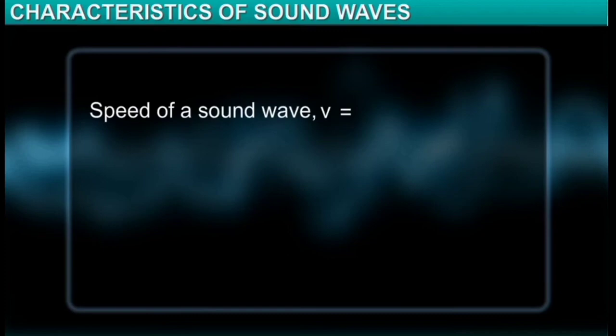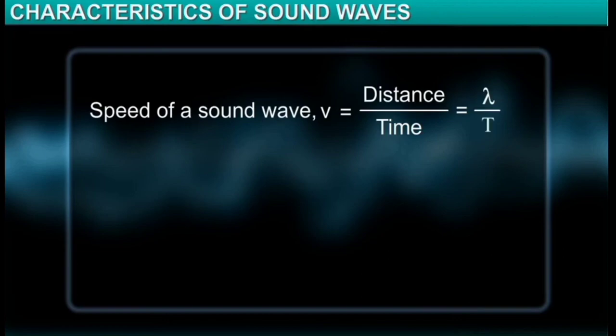Let's now look at the speed of sound. Speed is the ratio of distance to time. For a sound wave, the distance is its wavelength, lambda, and the time is the time corresponding to the wavelength, which is time period T. Therefore, the speed of a sound wave is the ratio of its wavelength to its time period.